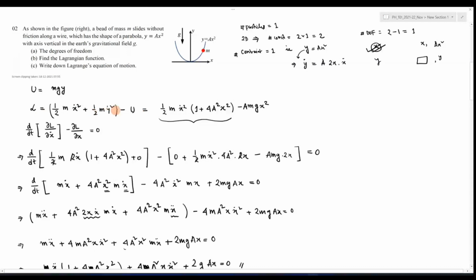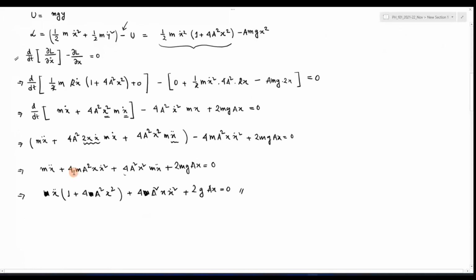Also be very careful about this sign, don't write plus. Then write the Lagrangian equation, then slowly do the partial derivatives carefully, and you will get the final equation. Next, the third problem.